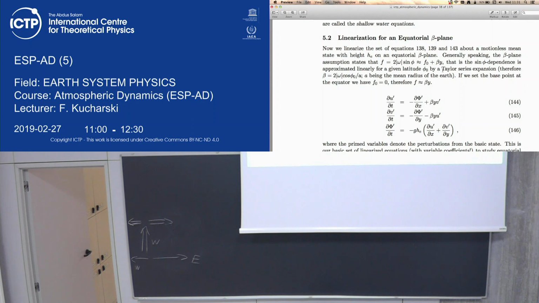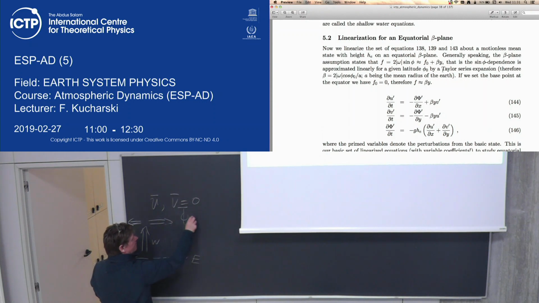Otherwise, the linearization of the equation that we have just seen is exactly the one that we did on the blackboard, having zero mean flow. And that implies that the mean height is constant. And that fulfills the set of equations.